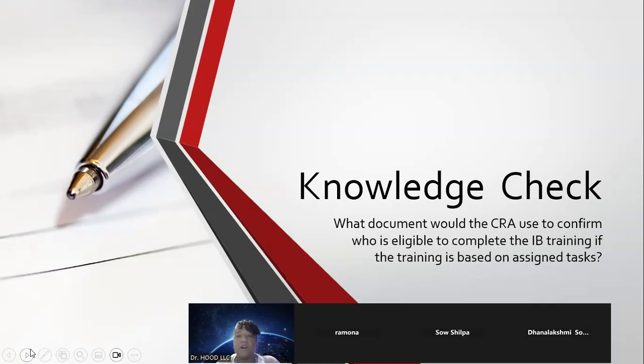So this is why it's so important as a CRA, once you come to a site, to familiarize yourself with the delegation log, because you need to know who is assigned to what task. Because there are some sub-Is that are not assigned to assess AEs. So if they're not assigned to assess AEs, they don't necessarily have to review the IB.